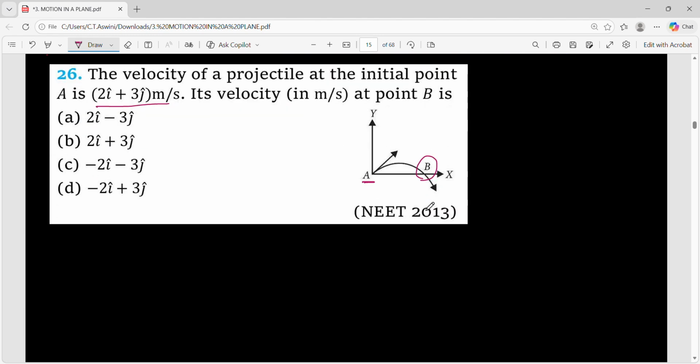So it will be the same velocities 2i and 3j, but in y velocity there is a change in direction, so it will be minus 3j. 2i minus 3j. Answer is option A. Very important. Be confident, don't bother about these problems, because projectile motion looks difficult in the beginning, but once you catch the concept, this is the easiest chapter.